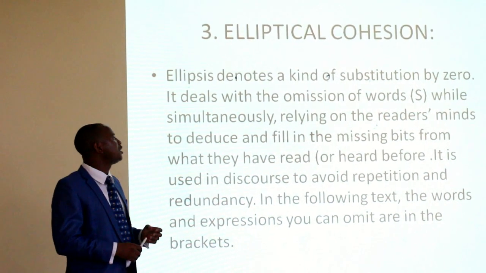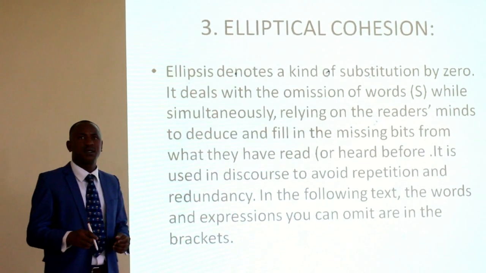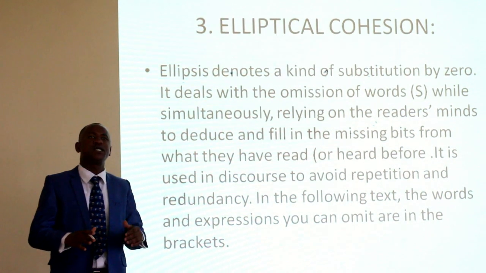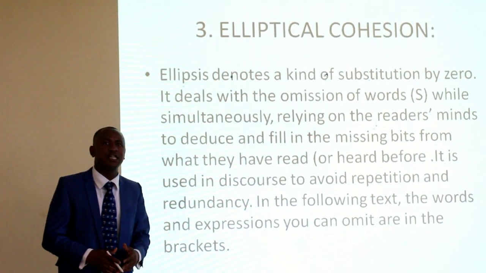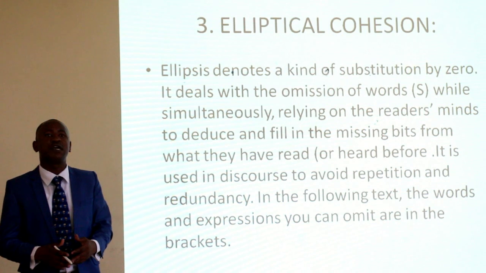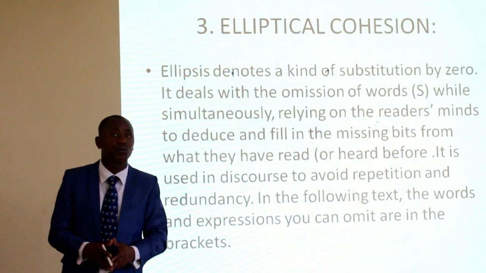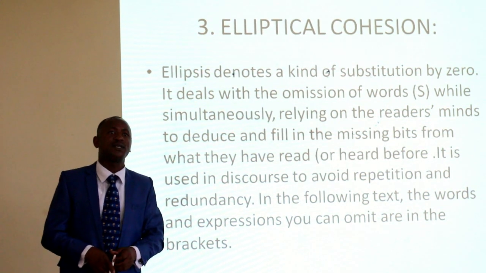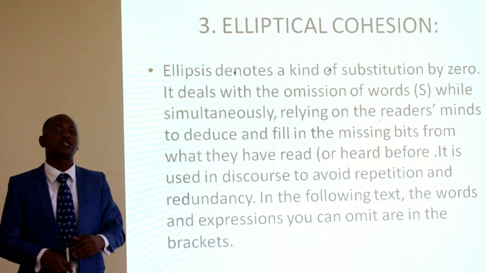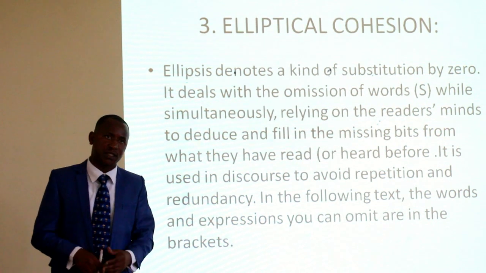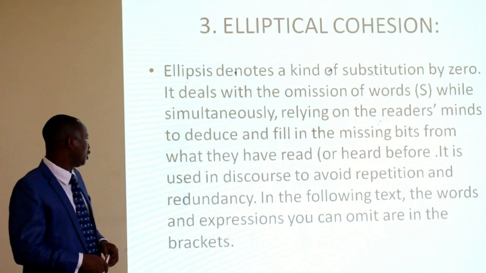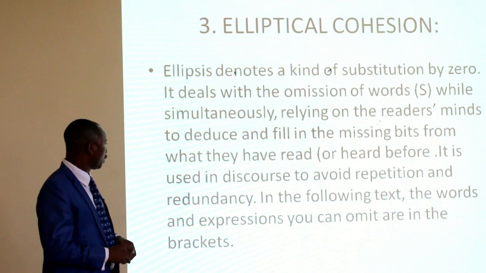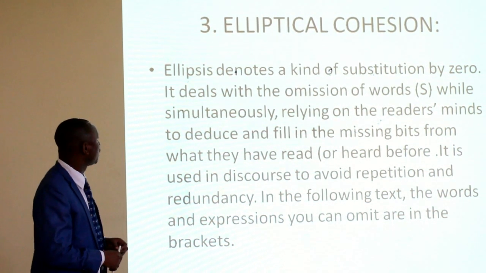It deals with the omission of words, while relying on the reader's mind to deduce and fill in the missing bits from what they have read or heard before. Substitution by zero is used in discourse to avoid repetition and redundancy. In the following text, the words and expressions you can omit are in the brackets.